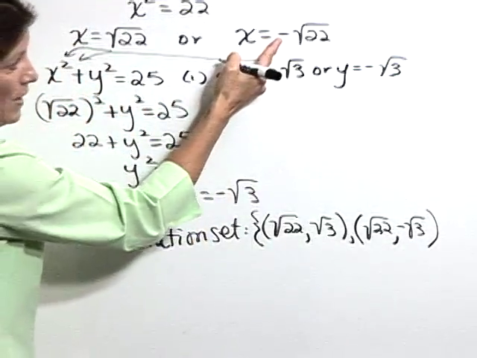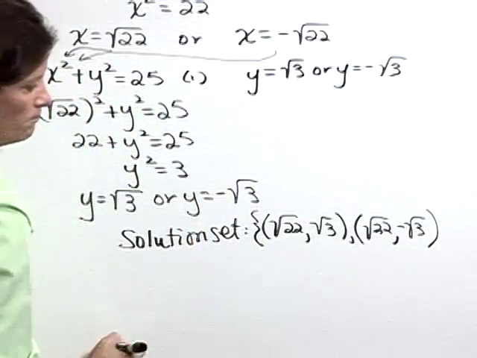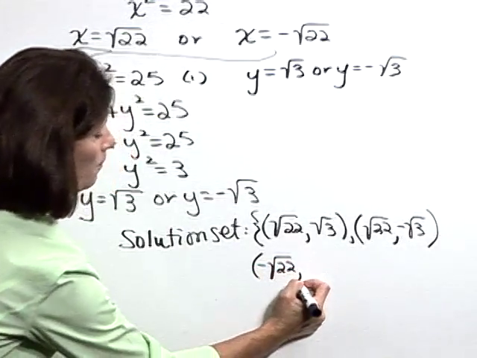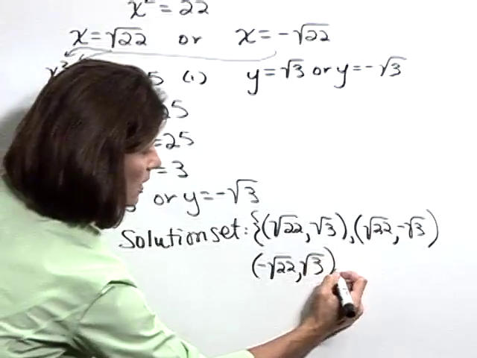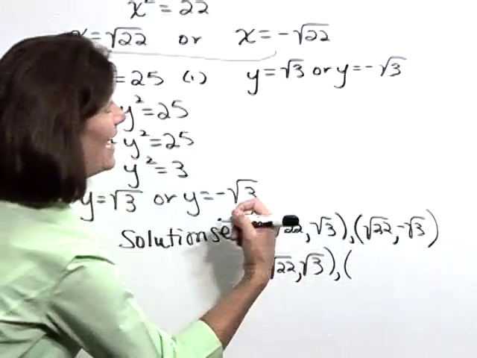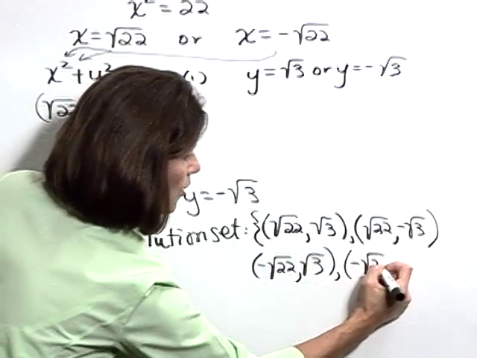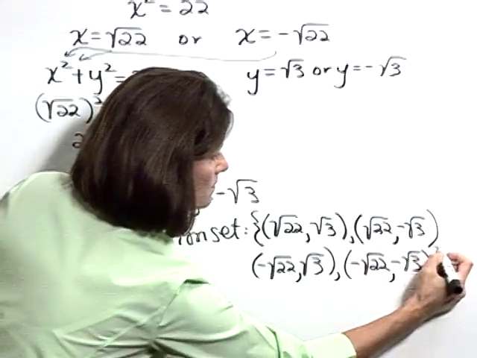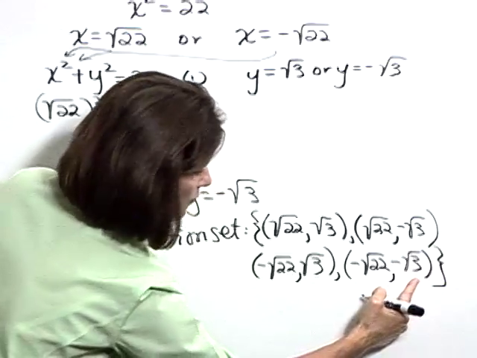Now for x equal negative square root of 22, we've got a negative square root of 22 paired with square root of 3, and a negative square root of 22 paired with a negative square root of 3.